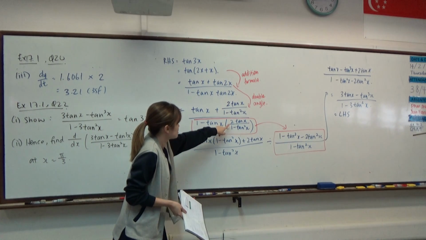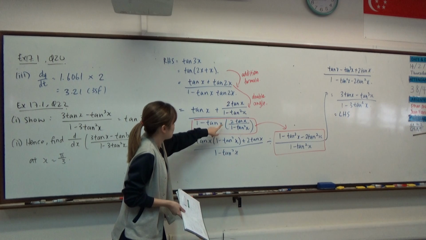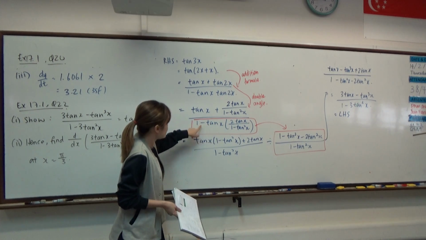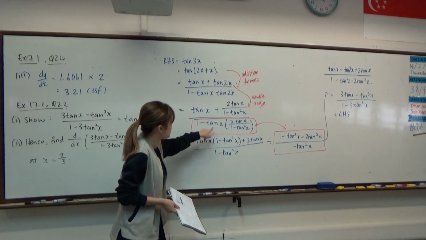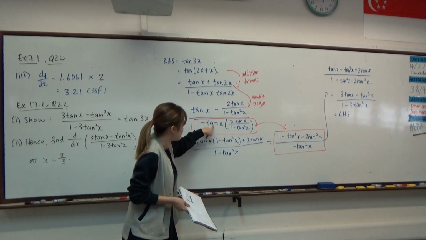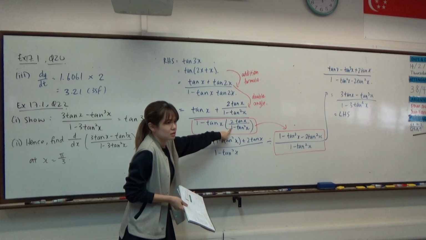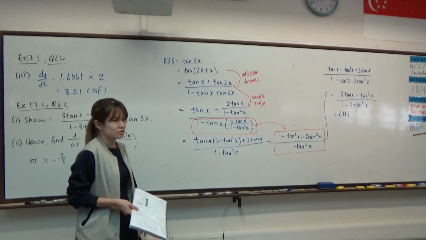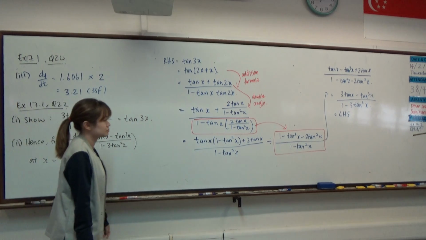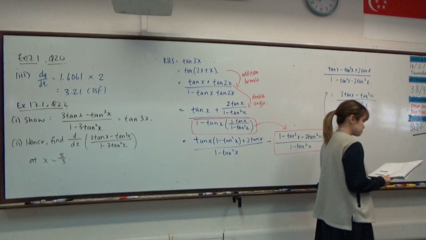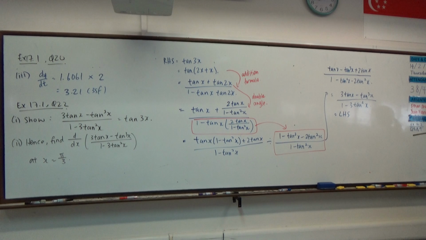No, this is separate. There are no brackets here. I'm not taking 1 minus tangent x to times this. It's only tangent x that's multiplying this. Oh, okay, there's no brackets. This will come out as the answer.